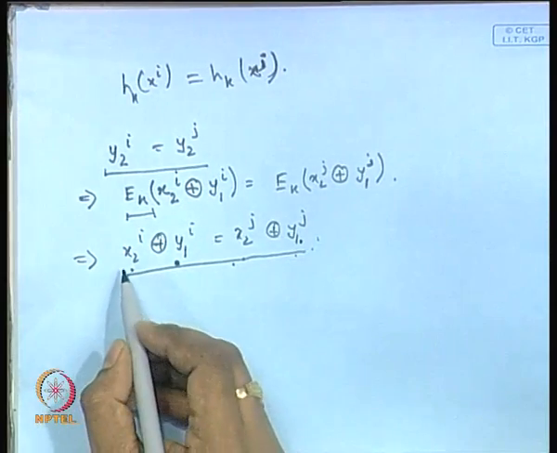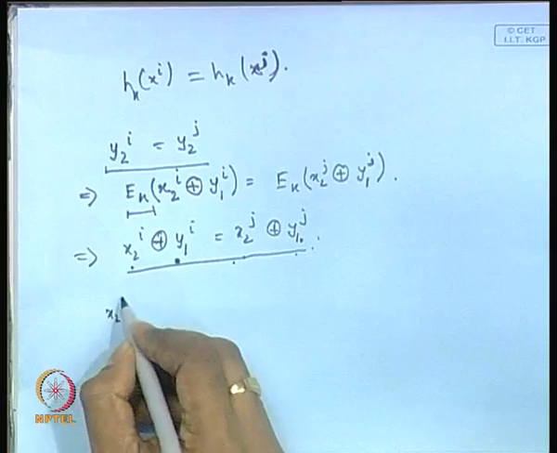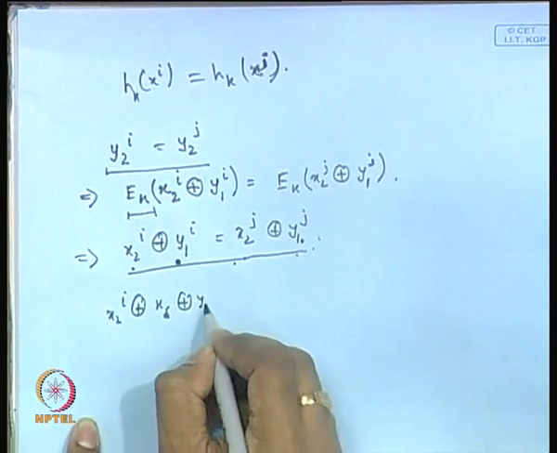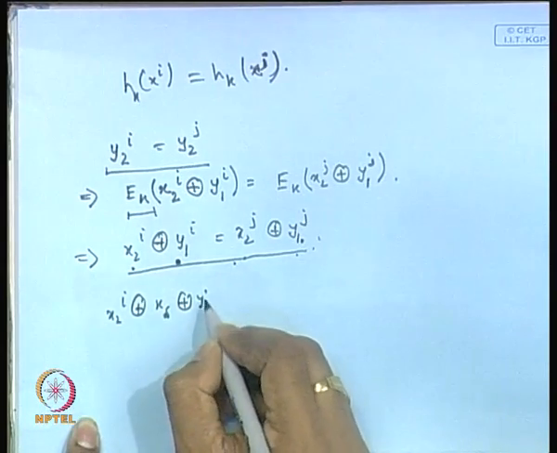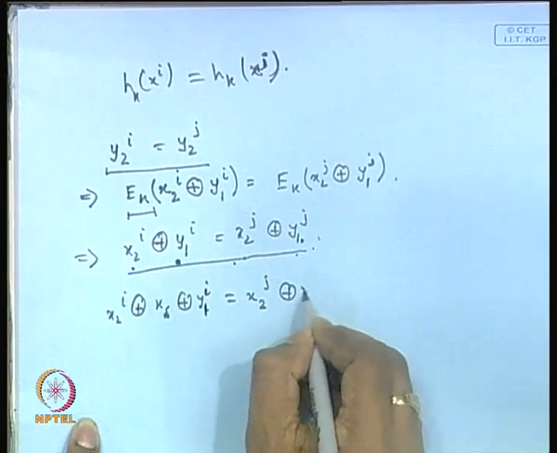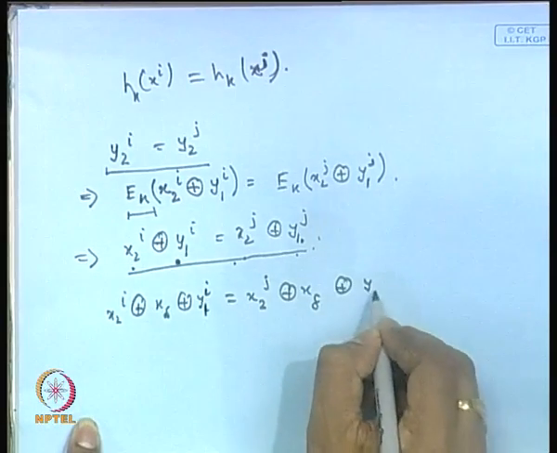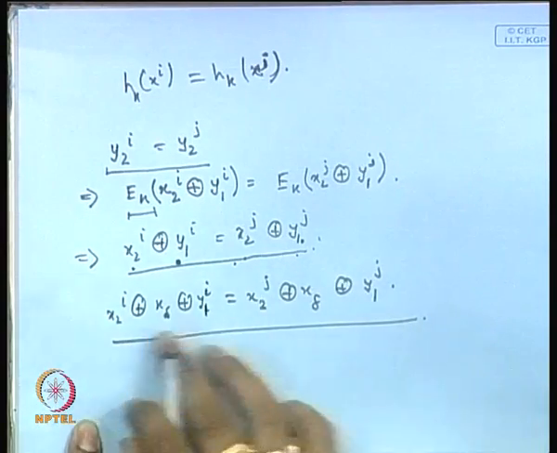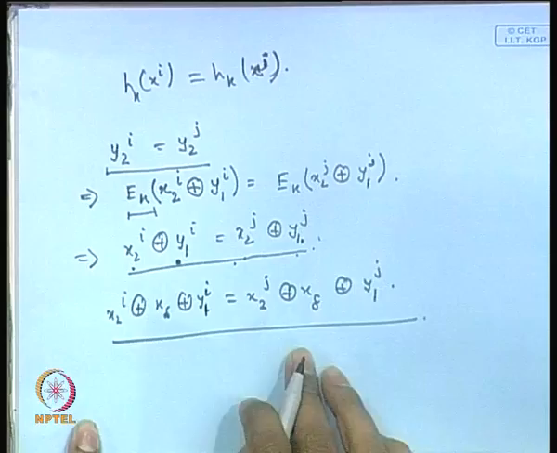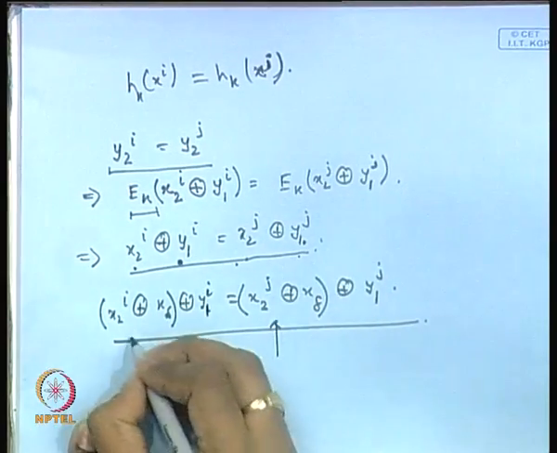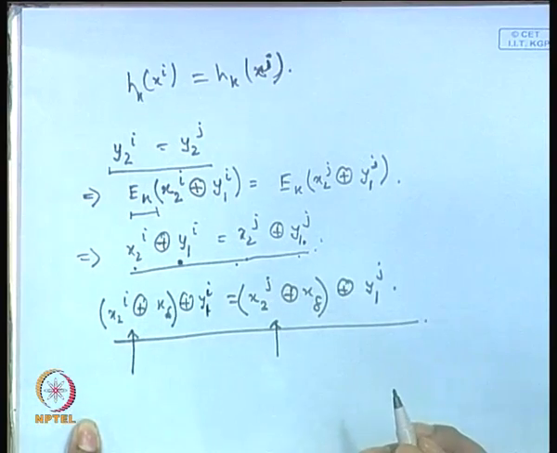If I take x2i XORed with x delta on the left hand side, then also this holds, right. So, this equality is not disturbed. If I form a message with these two as the second block, my equality of the hash function is still maintained.